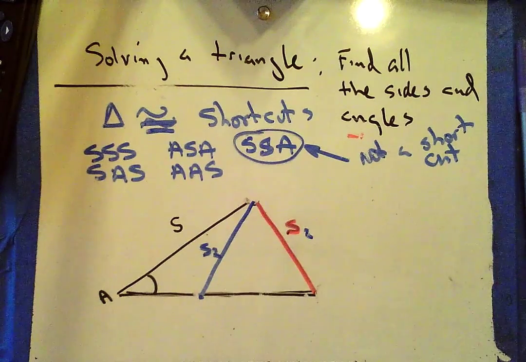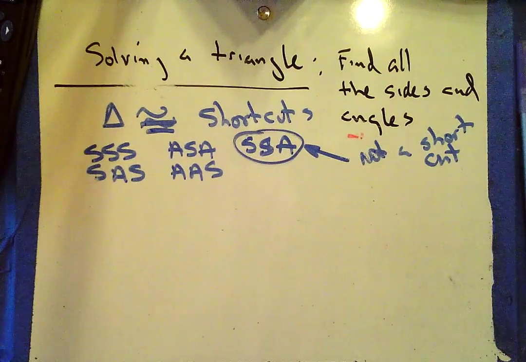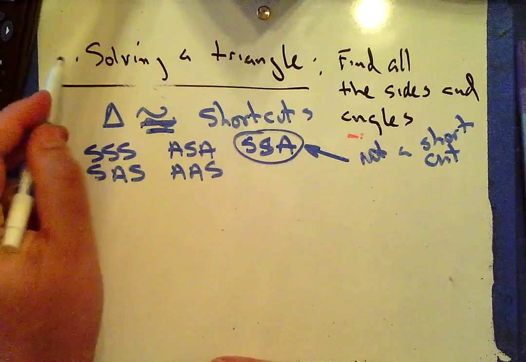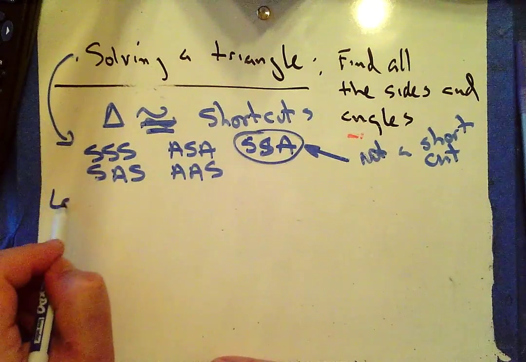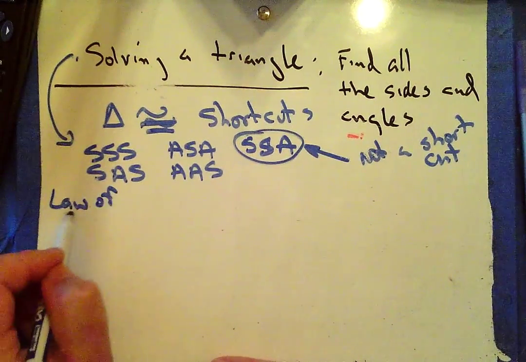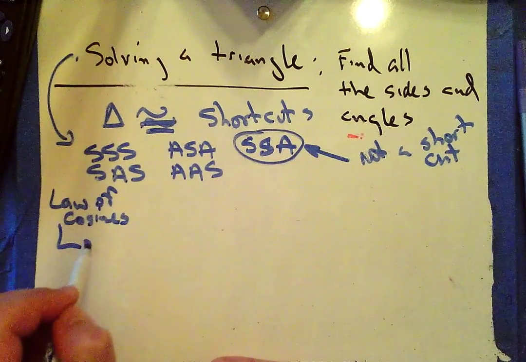All right, well, what's that going to mean for us today, Mr. Gupta? Well, let me tell you. When we want to solve a triangle and we're given these pieces of information, we're going to use law of cosines, sometimes abbreviated as LOC.